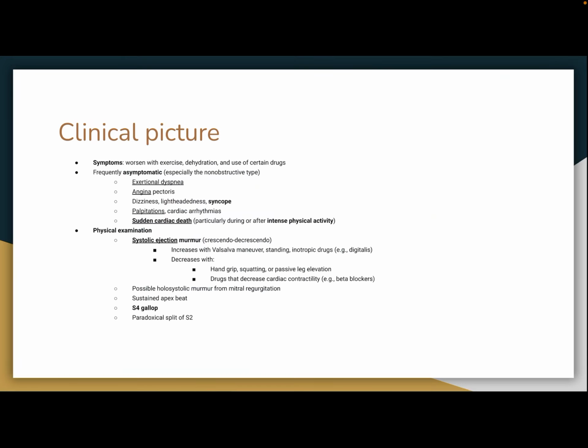The clinical features of this disease: the symptoms worsen with exercise, dehydration, and use of certain drugs, for instance digoxin, ACE inhibitors or ARBs, diuretics, and hydralazine. It's frequently asymptomatic, especially for the non-obstructive type, which accounts for 30% of the cases.